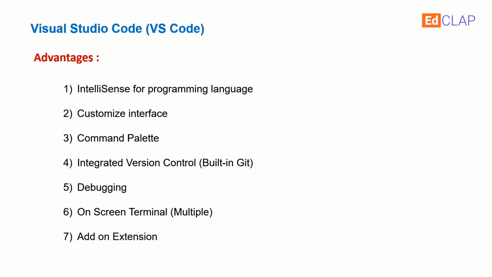For that, we need software called version control software. In most cases we use Git or GitHub. In Visual Studio Code, or VS Code, integrated features are available for that.